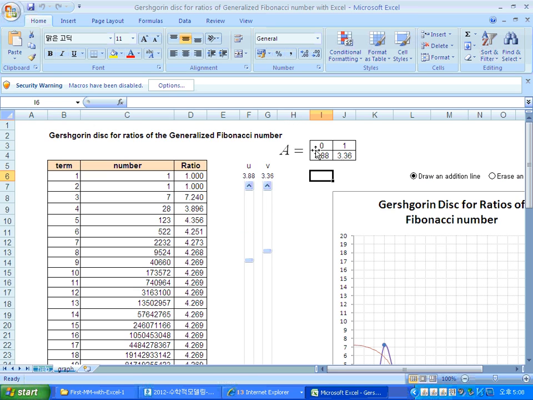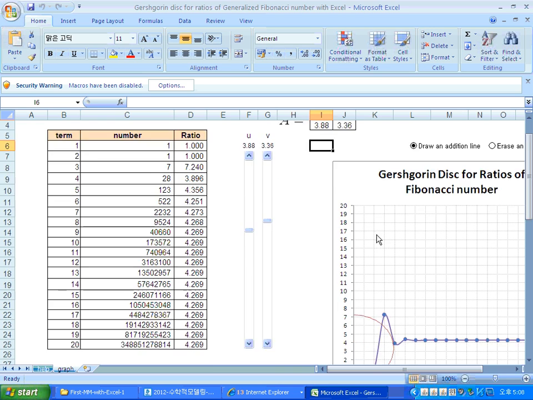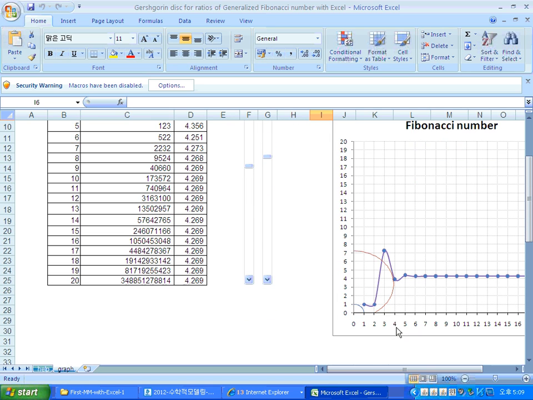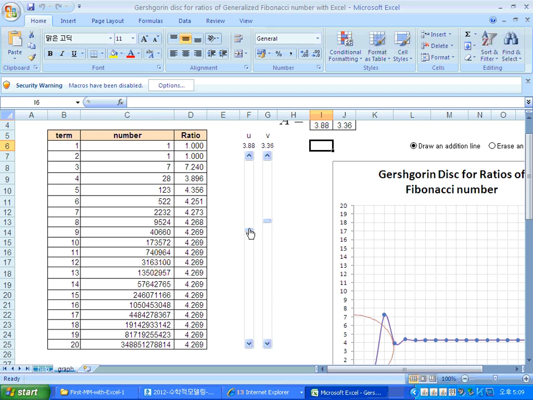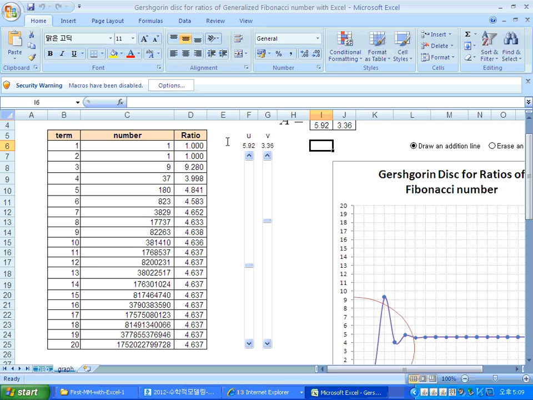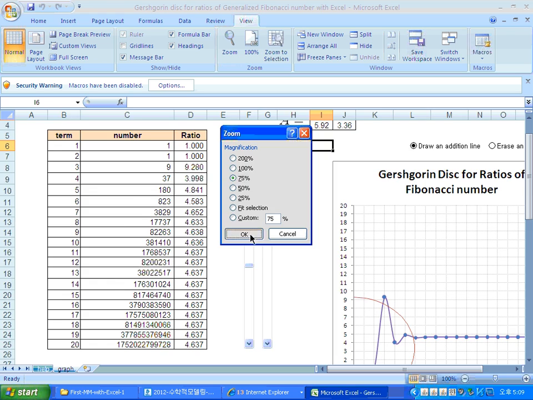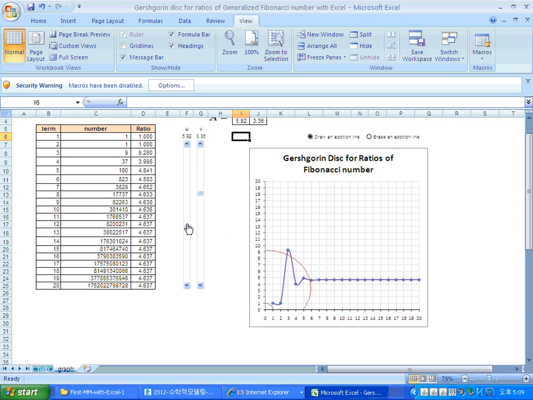Okay, you see here when U and V are given as 3.88 and 3.36, we will see that this ratio converges to the largest eigenvalue of it. If we change it, let me make the view a little smaller so we can see all the changes.